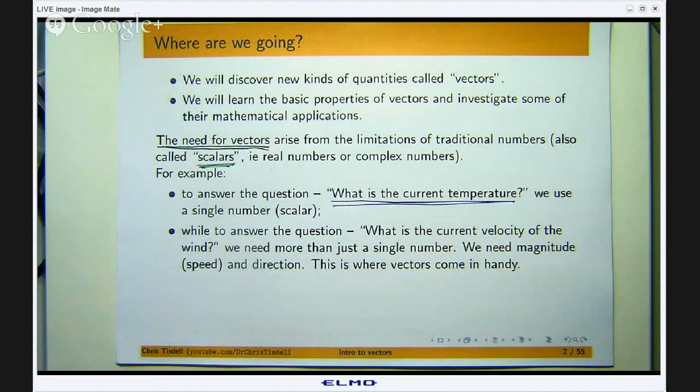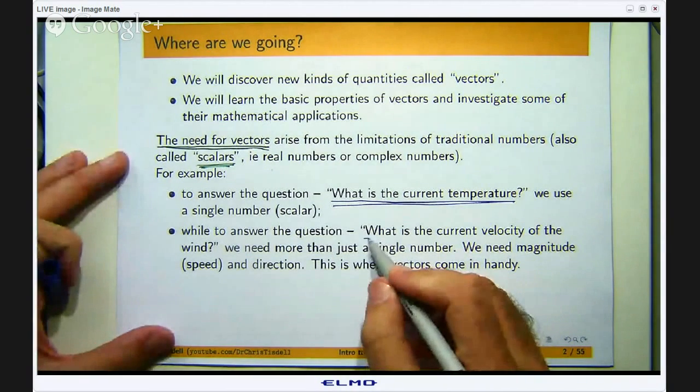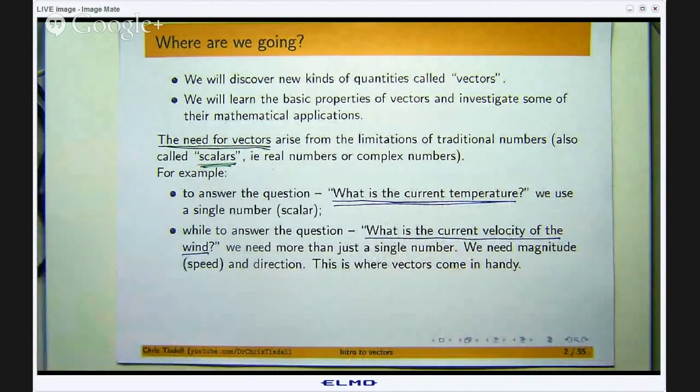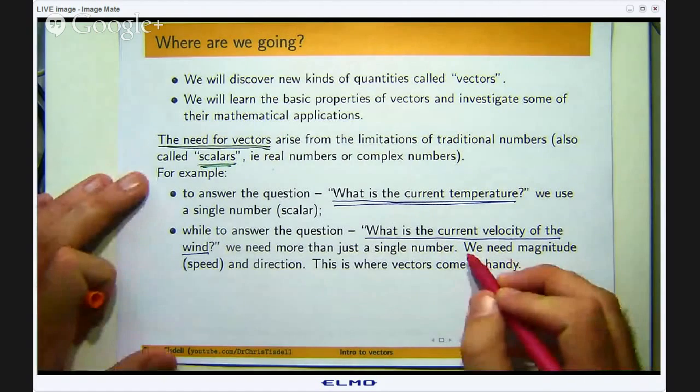But if we ask the following question, things get a bit tricky. What is the current velocity of the wind? Now, you could say something like, I don't know, 10 kilometers per hour, but that information doesn't really cover the aspects that we're looking for. We not only need a speed, but we also need a direction.